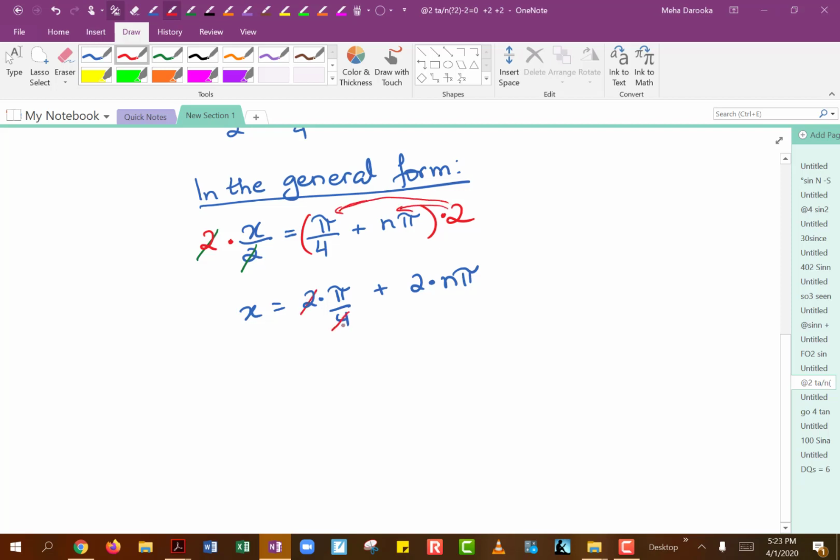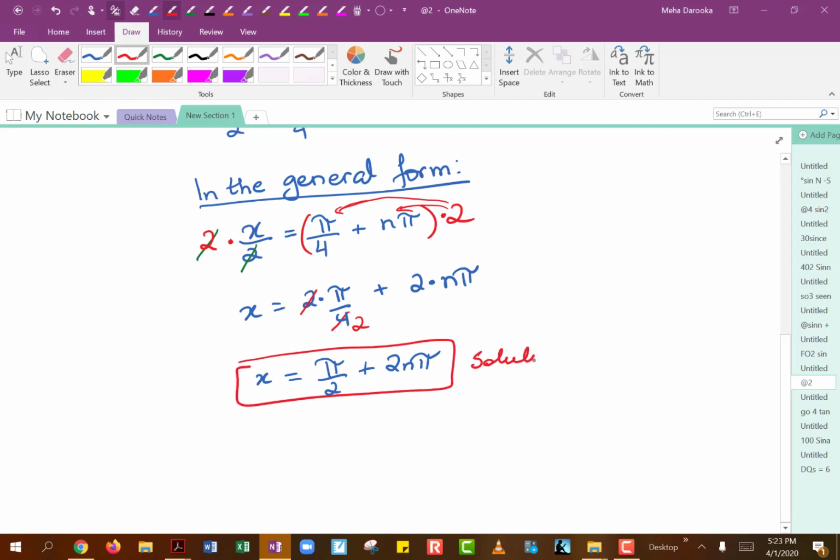So 2 will go into 4 twice, and this will end up giving you pi halves for the first part, and then 2 times n pi will just end up becoming 2n pi. And so this, as your final answer, comes out to be x equals pi halves plus 2n pi.